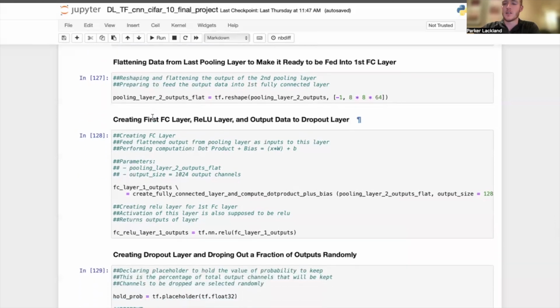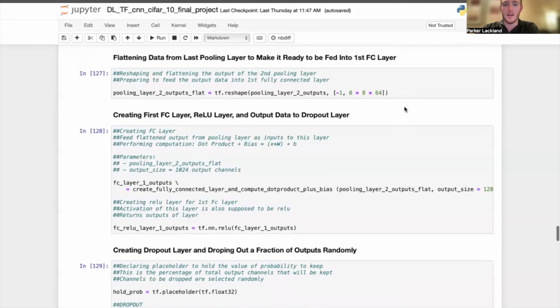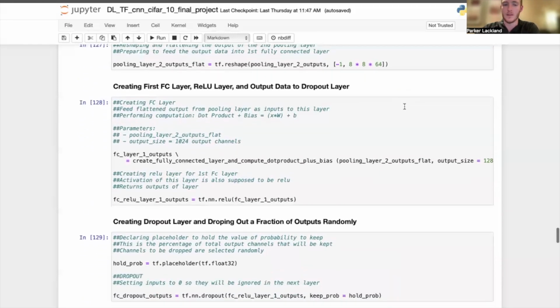Finally, since this is just a two convolutional, two max pooling layer architecture for our convolutional neural network, we then flatten the data from the final pooling layer to ensure that it's ready to be fed into the first fully connected layer. Here you can see that these dimensions would be 8 by 8 by 64, which is the output of the final pooling layer.